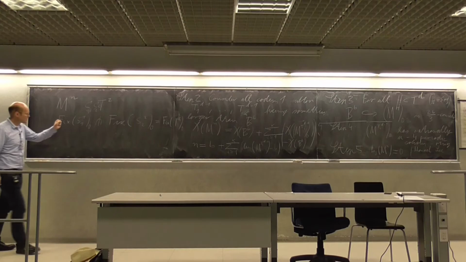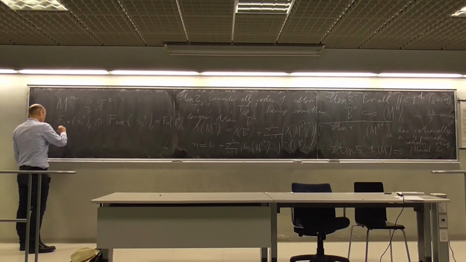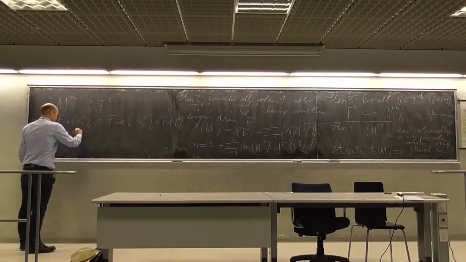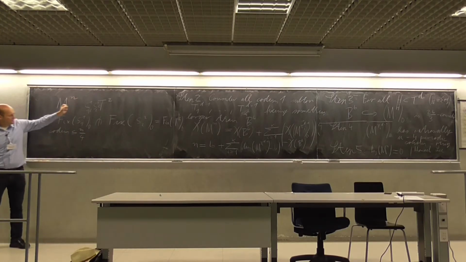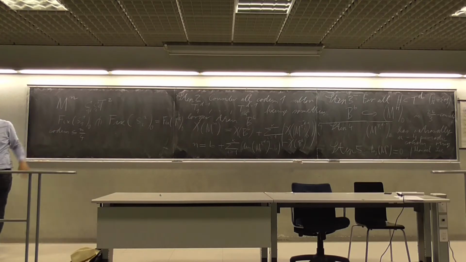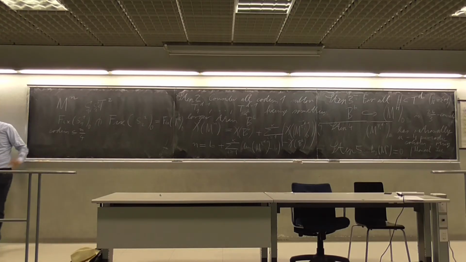Let's assume that the codimensions are small, so the codimension is less than n over 4. In reality, this will take place in some totally geodesic submanifolds. This will not take place in the manifold itself. You can usually not expect to get, in the manifold itself, something which has codimension less than n over 4.